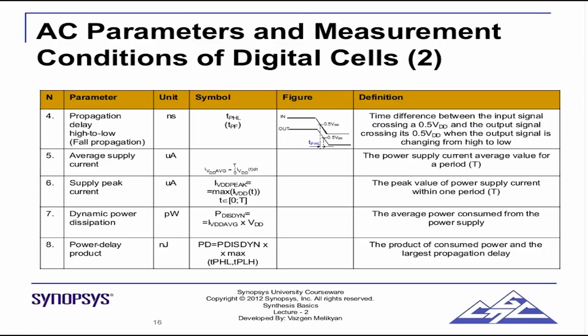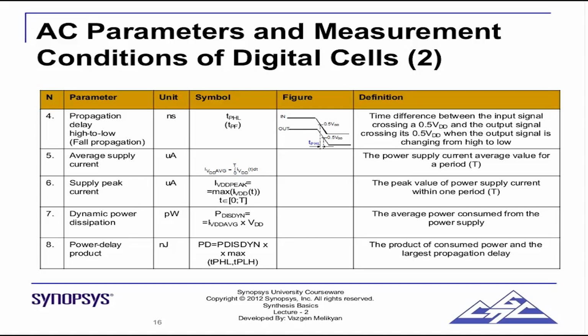Again, average supply current, this is the power supply current, average value for a particular time t. Usually supply peak current. These two, 5 and 6, are not used for specific purposes. There's dynamic power dissipation. This is the average power consumed from the power supply. So it's nothing but IDD average, that is the average current drawn by the device from VDD.